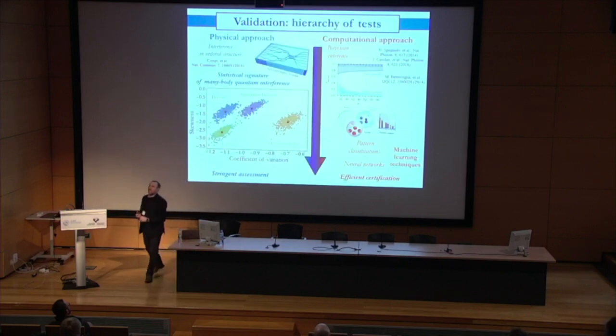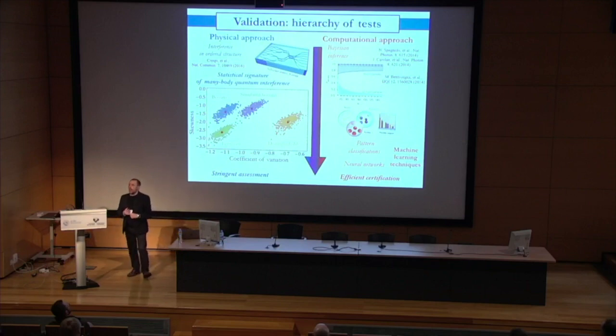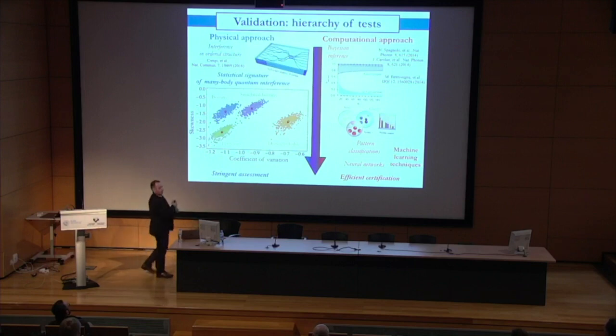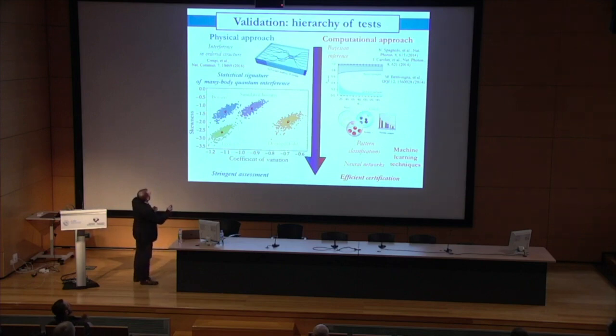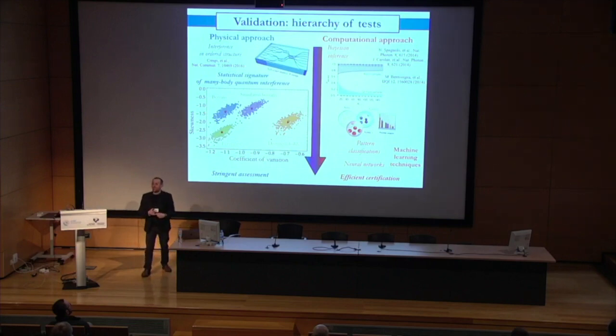So in the last few years, we implemented different approaches to validate the output state. And one could simplify these tests into 2 categories: a physical approach and a computational approach. The physical approach tries to look at the physics and see whether the physics is behaving properly. For instance, you could identify some structure which allows you to demonstrate that you have genuine n-photon interference.